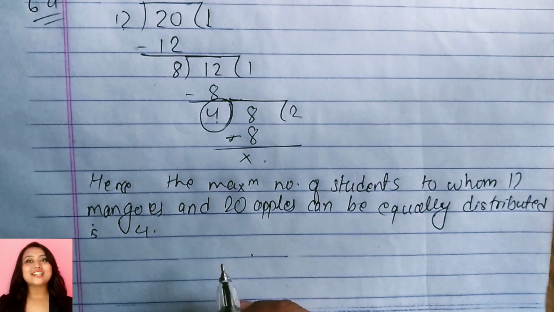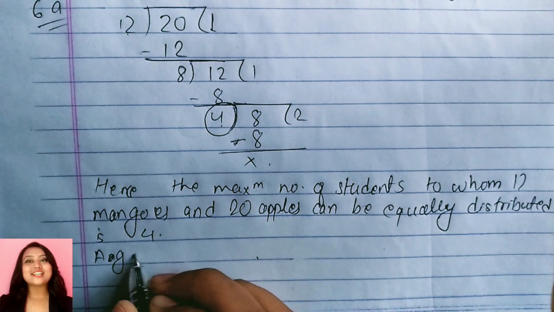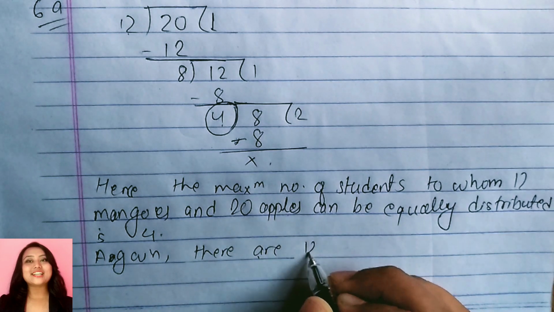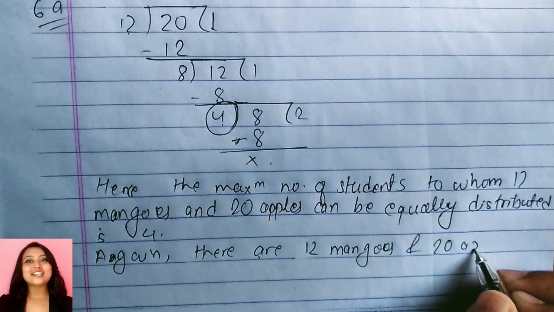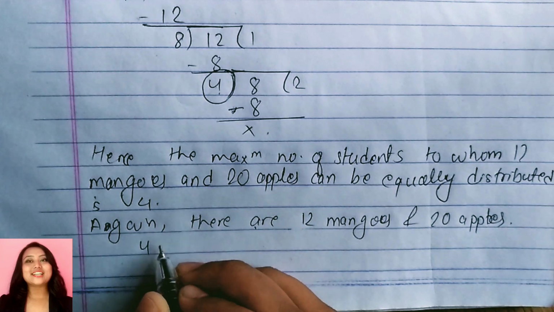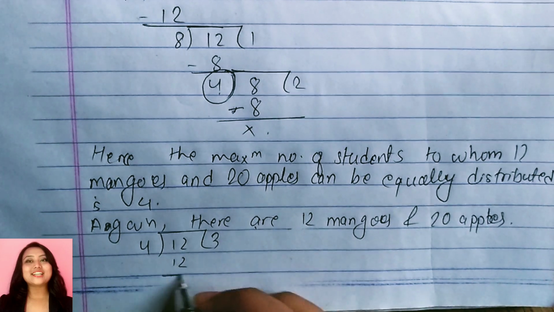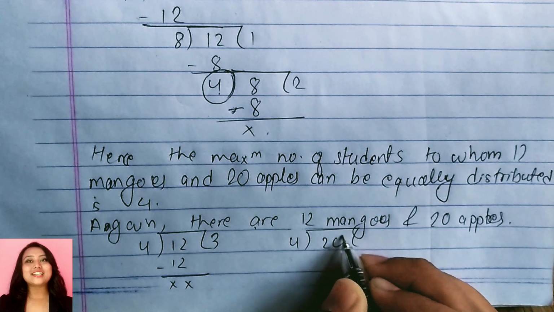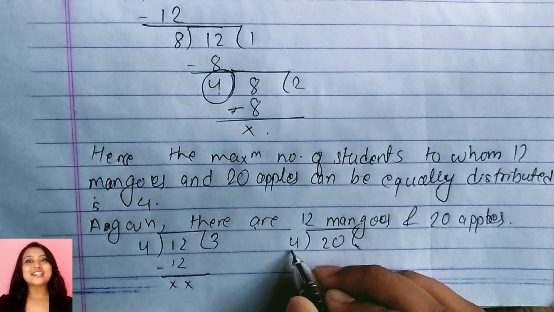Now how many fruits will each get? Again, since there are 12 mangoes and 20 apples, how many will each get? 4 will divide 12 at first. 4 threes are 12, minus, 0, and again 4 will divide 20 apples. 4 students will share 20 apples. 4 fives are 20.